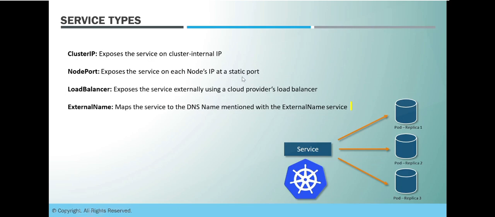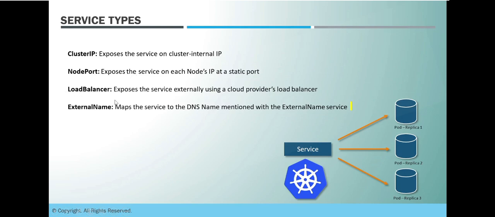It actually mounts your service to a node's IP. Node's IP means your VM's IP. So it will just use your VM IP and map your service to a port on your VM itself. That's why we call this service a node port. As the name suggests, it is using your node's port, your VM's port only, to route the traffic to the backend ports. So this is where node port comes into the picture.